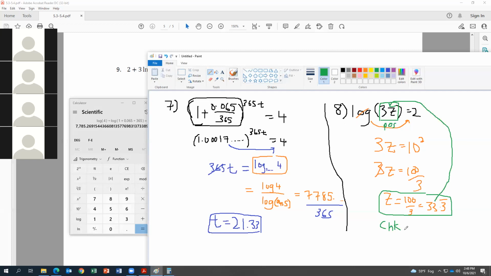If it's positive, it's check. If you plug in and this came out negative, then you have to reject this fellow. So when you plug this in here, does it come out positive or negative?